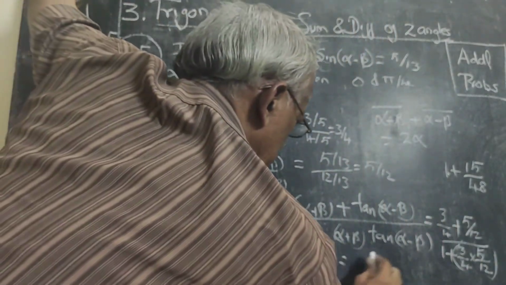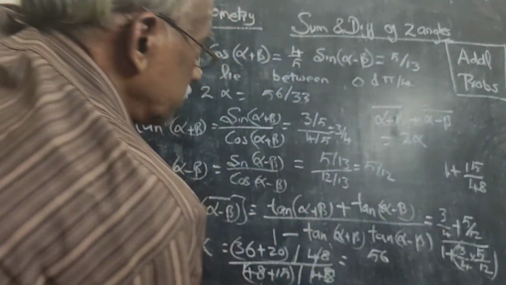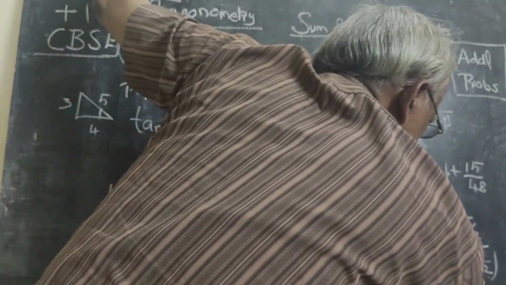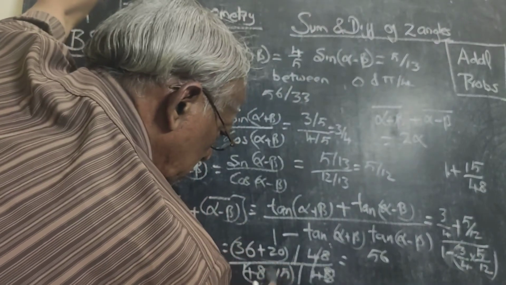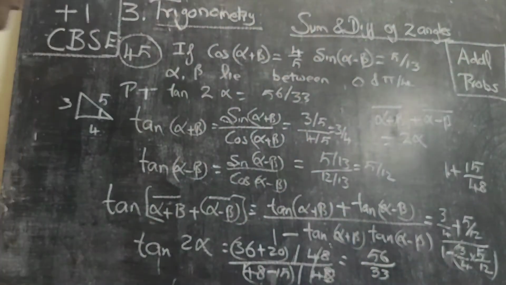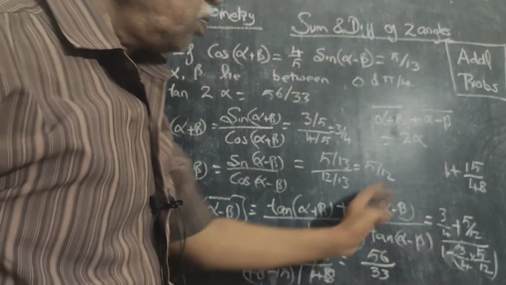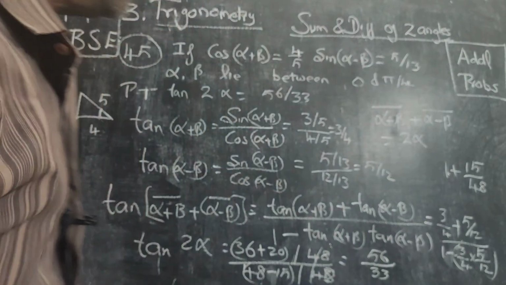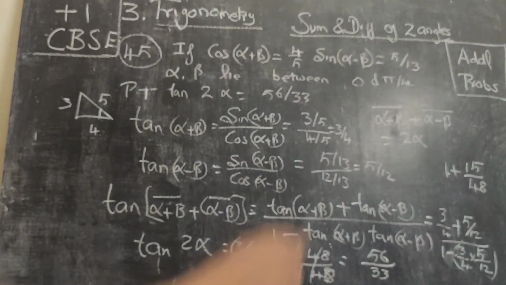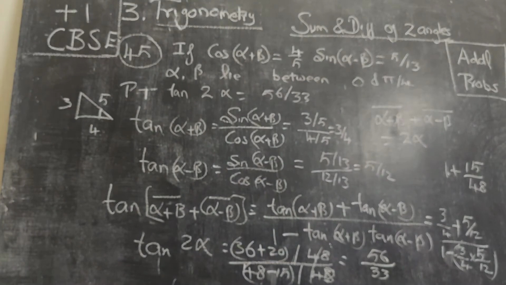So the answer is now 56 here, and this will be 48 minus 15, that is 33. We got the answer. So I have done everything correctly except that while substituting, instead of plus I put minus, instead of minus I put plus. Now I have changed that. So we are getting it easily.